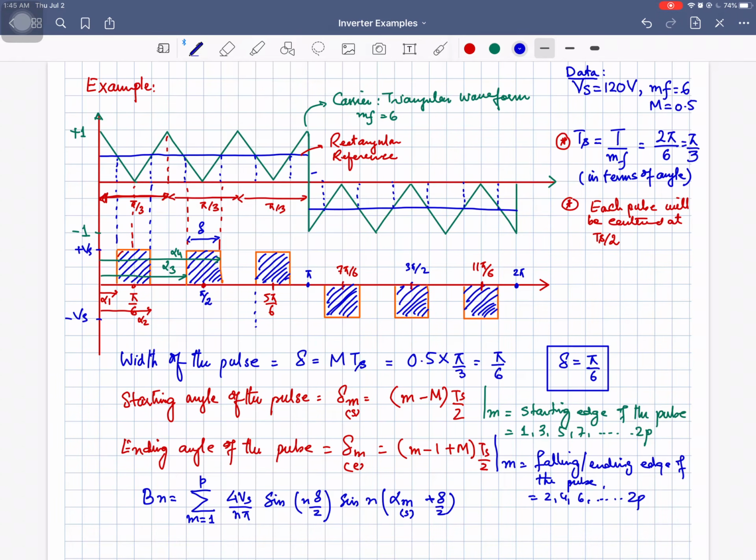For this pulse, let's suppose that this angle is alpha 5, and the ending angle of this one is alpha 6. Okay, so how do we calculate these angles?